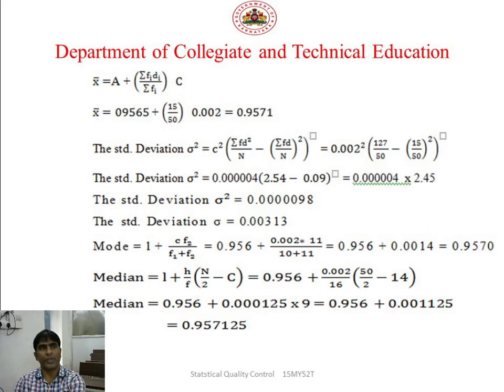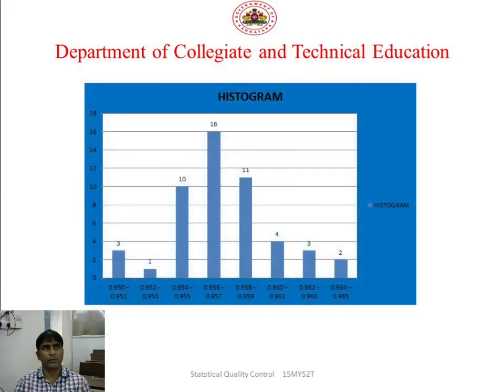Next, mode. Mode is equal to L plus C into F2 divided by F1 plus F2. F1 and F2 you should calculate. L is the lower limit of the mode class. We'll go to the previous slides.